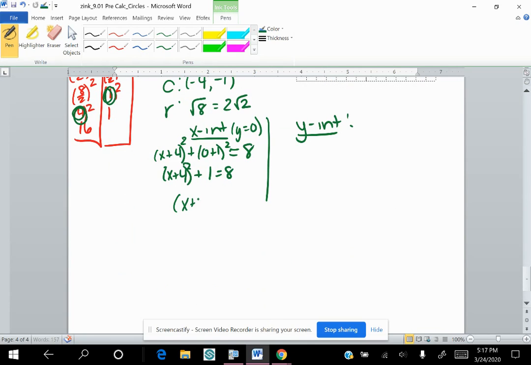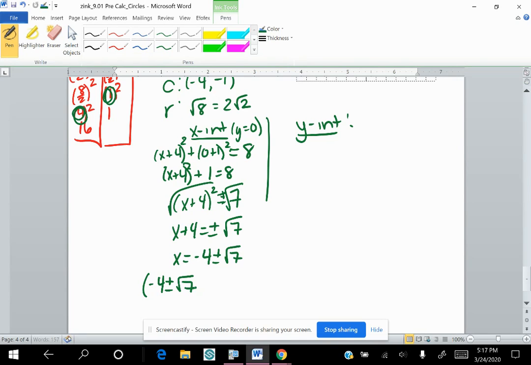Subtract your 1 gives us 7. Take the square root again. Don't forget your plus or minus whenever you take the square root. 7 is already in simplest radical form, so we're just going to subtract over the 4. But when we're asked for intercepts, really important to rewrite them as ordered pairs because an intercept is a point. So there's 2 x-intercepts again for this one.